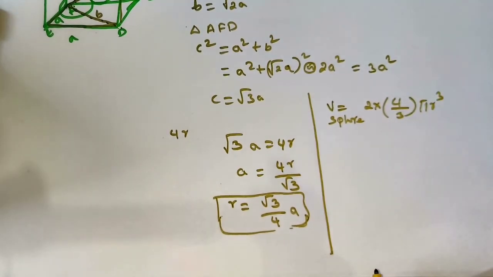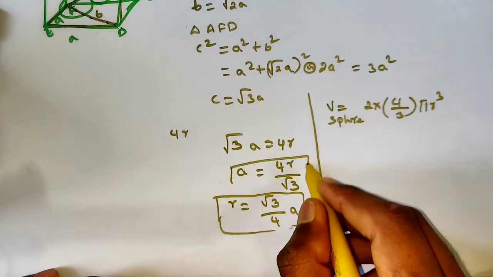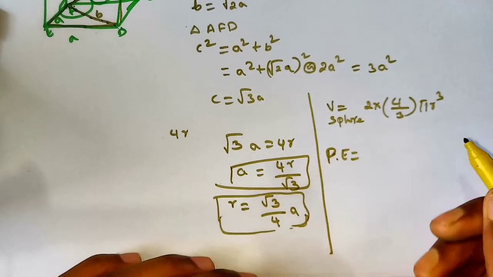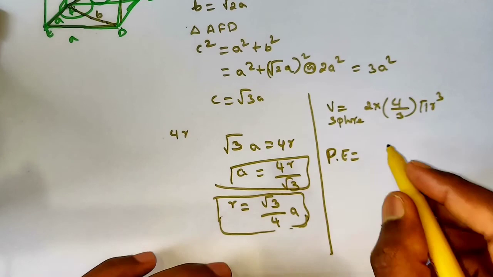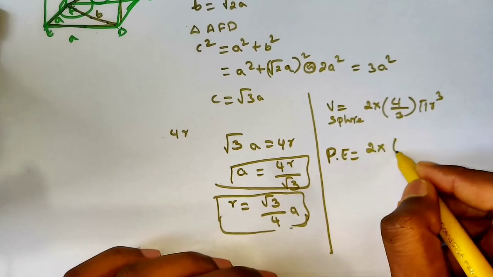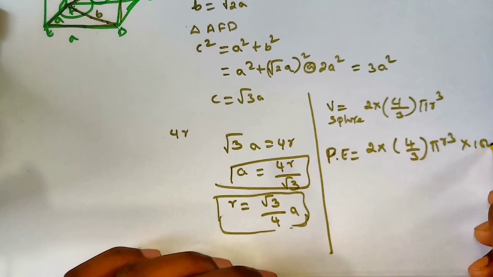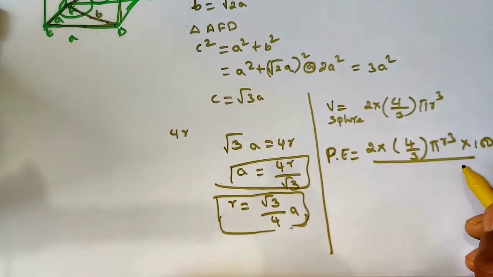And the total volume of the unit cell, that is A cube, that A we already know. By using this we can find the packing efficiency of BCC. Where volume of sphere will come, there we can take 2 into 4 upon 3 pi r cube into 100 upon total volume of the unit cell. What is that?